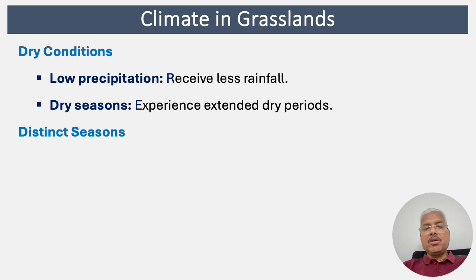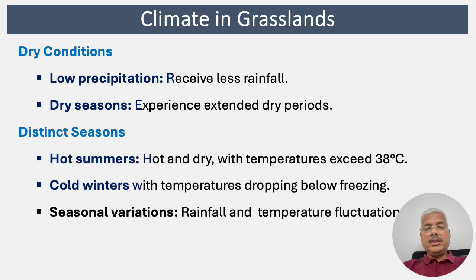Summers in grasslands are often hot and dry, with temperatures that can exceed 38 degrees Celsius. The winters can be cold, with temperatures dropping below freezing. The amount of rainfall and the severity of the temperature fluctuations can vary depending on the specific grassland region.